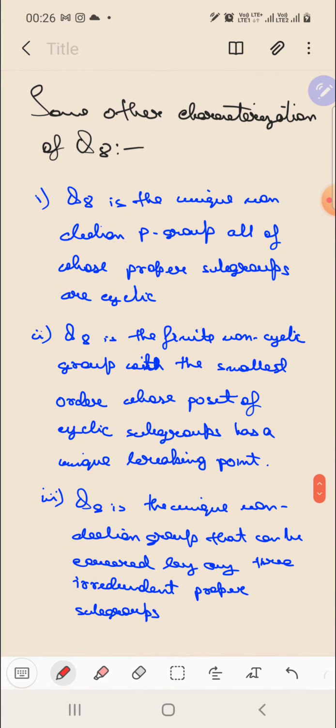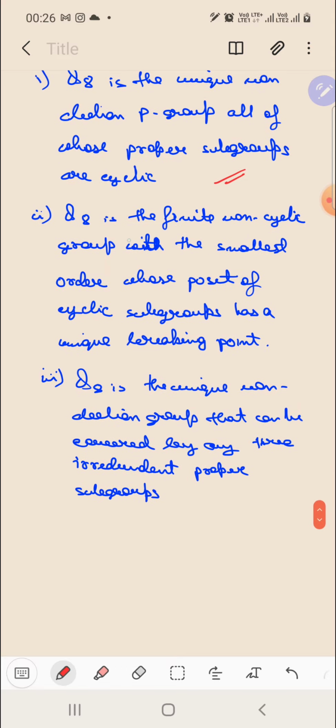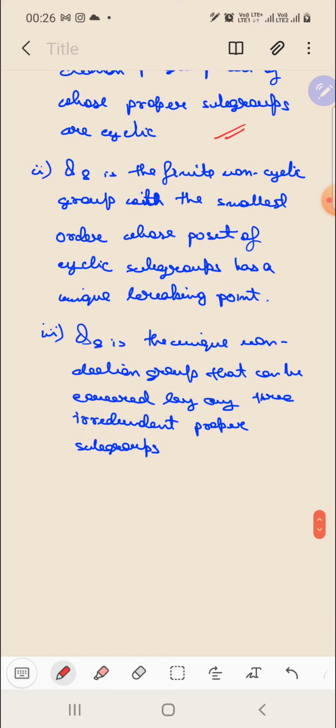Some of the characterizations: Q8 is the unique non-abelian p-group all of whose proper subgroups are cyclic. Next, Q8 is the finite non-cyclic group of smallest order whose poset of cyclic subgroups has a unique breaking point.